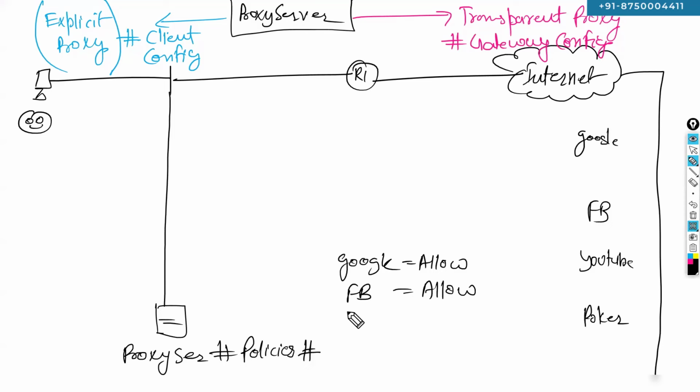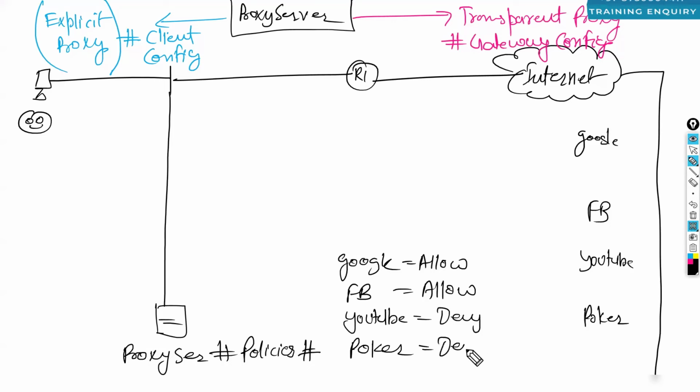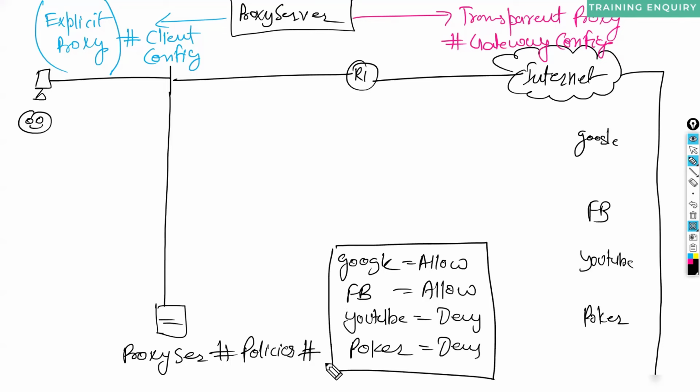If anyone is going for YouTube, deny them. If anyone is going for poker.com, deny them. So we need to configure such kinds of policies at the proxy server. Now, let's take an example of the first method, explicit proxy. In explicit proxy, we will configure the client.